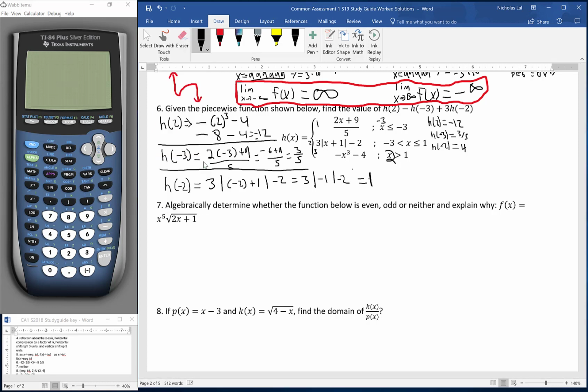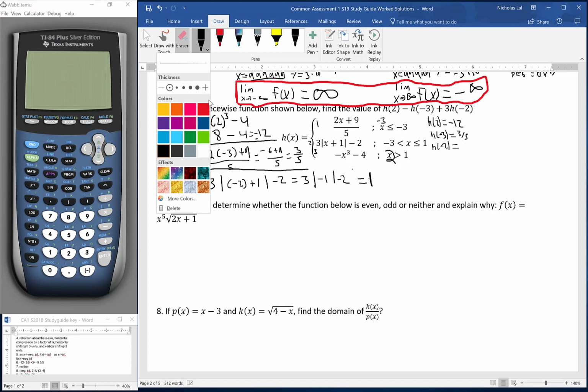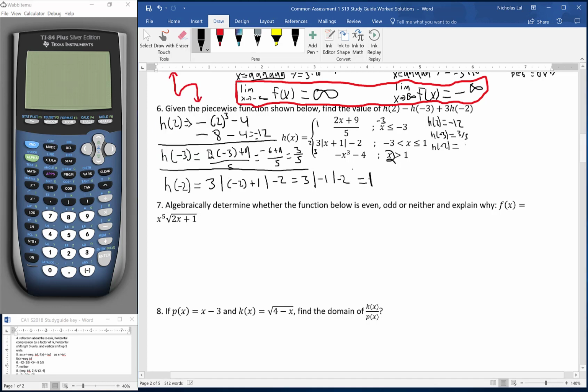So this is equal to 1, which means that h of 2 is not equal to 4, it's equal to 1.